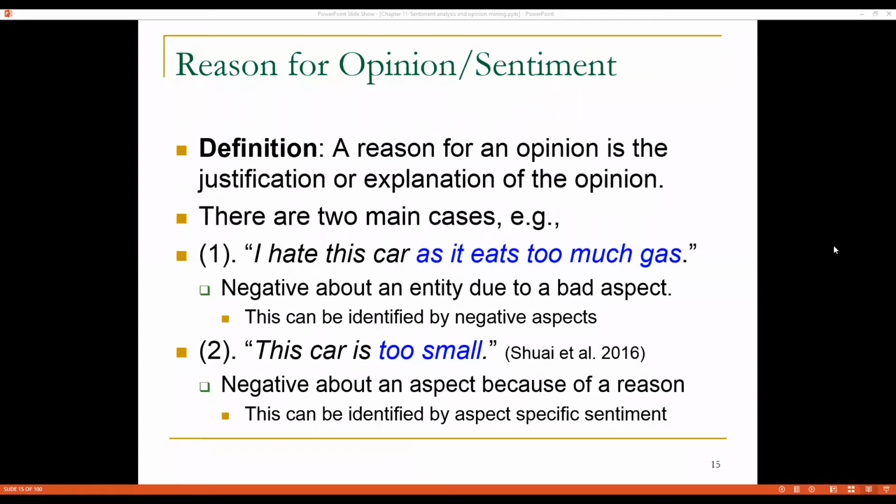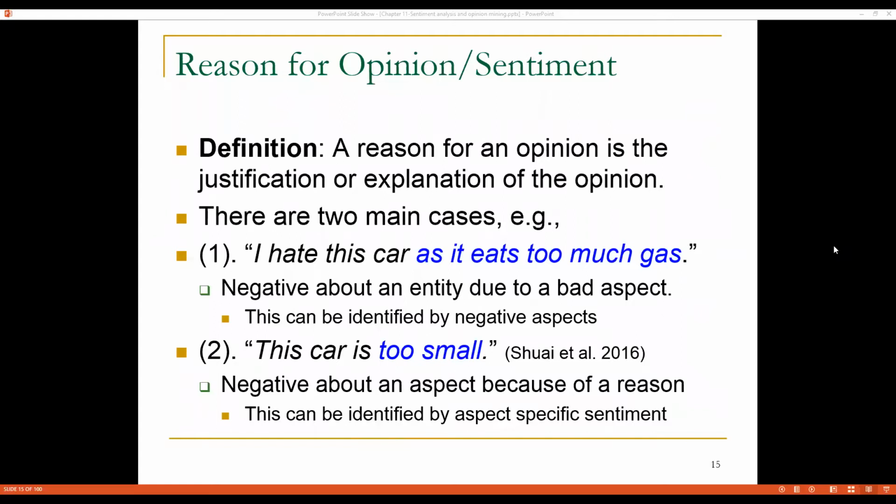So then we have a reason for opinion or sentiment, and the definition here is a reason for an opinion is a justification or explanation of the opinion. And there are two main cases. First one, for example, is I hate this car as it eats too much gas. It's negative about the entity due to a bad aspect.